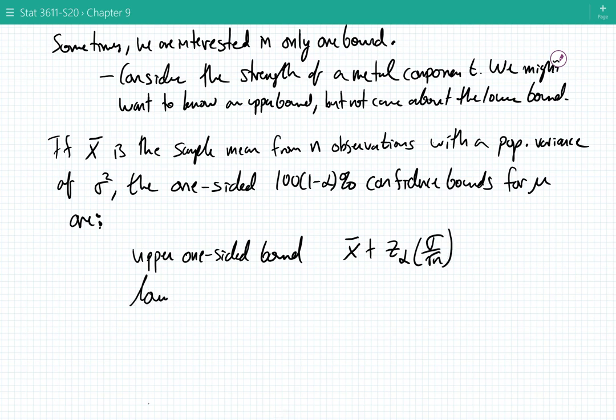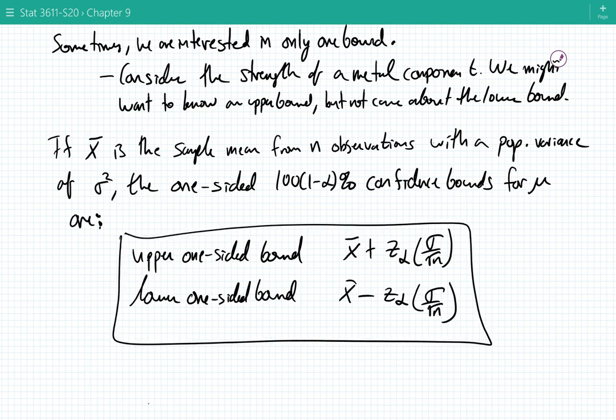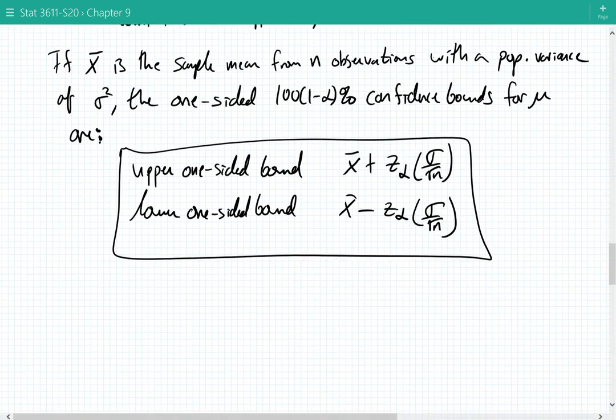If we're talking about a lower one-sided bound, then we have x bar minus z of alpha times sigma over the square root of n. Those are the upper or lower one-sided bounds for the confidence interval on the mean.